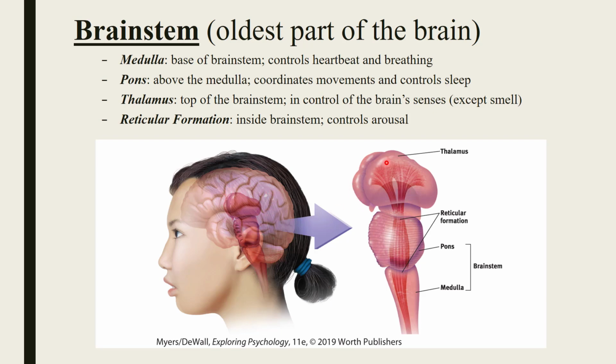But the job of the thalamus is to act like a sensory switchboard, which nobody probably even knows what a switchboard is anymore. But a long time ago, when you would go to make a phone call, you would pick the phone up off the wall, because yes, it was physically connected to the wall, and you would talk to an operator, and you would say, "Operator, I want to talk to my friend Joe." And the operator would say, "No problem."